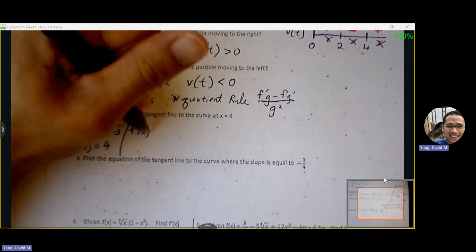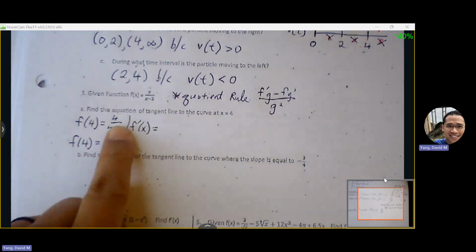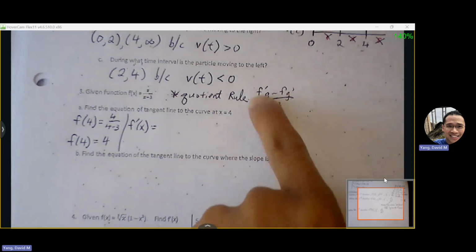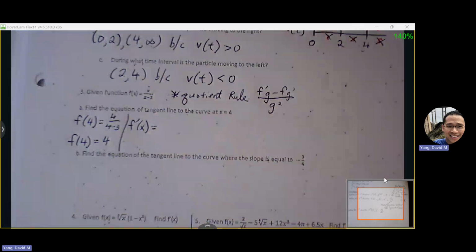So f prime equals. Now there's a repeat variable here. This f and f prime is different from the f and f prime within quotient rule.